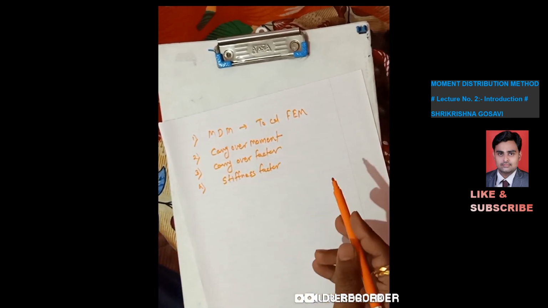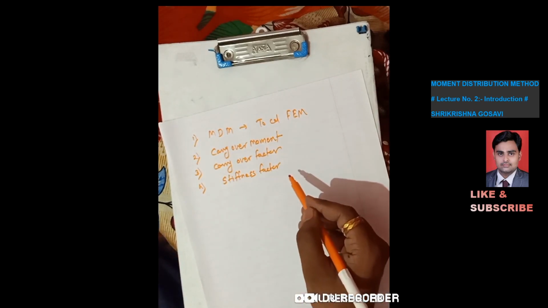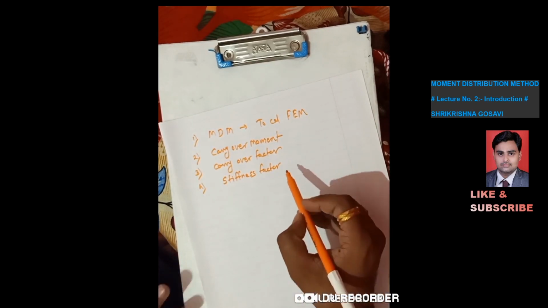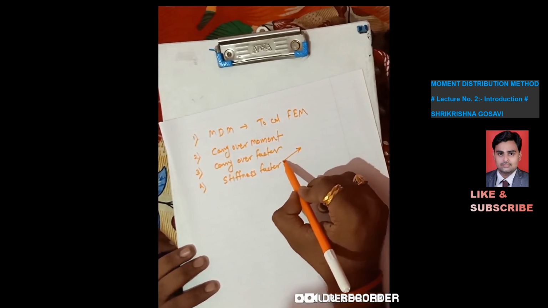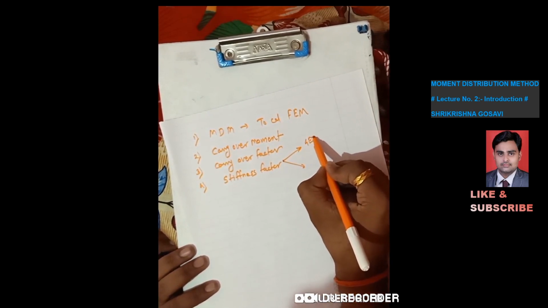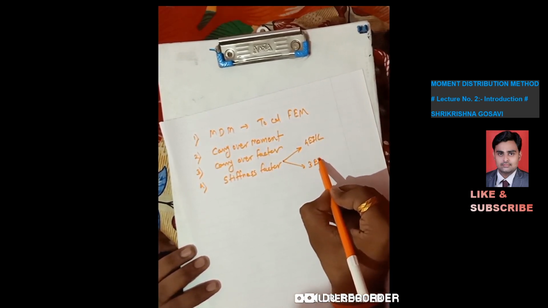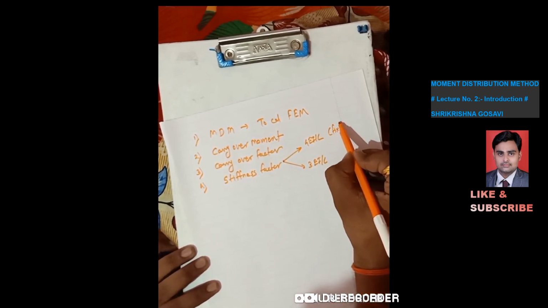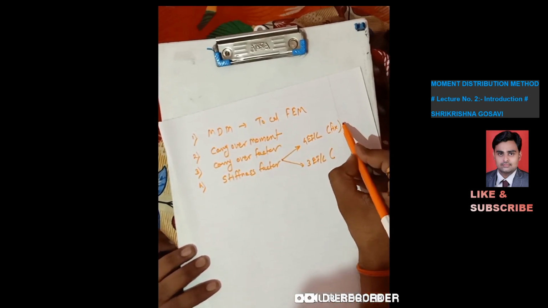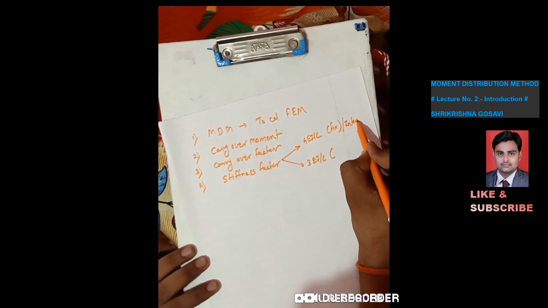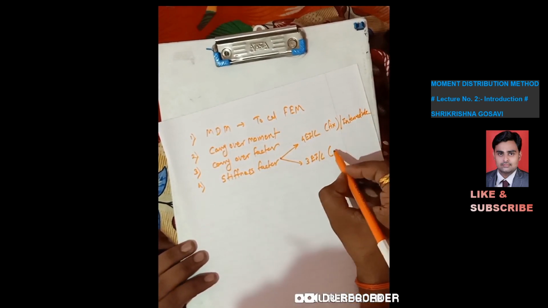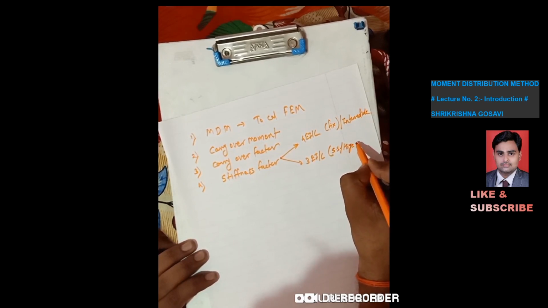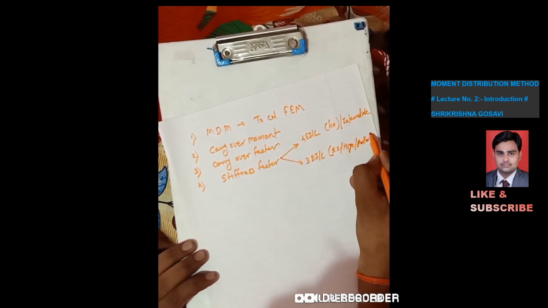We know that if the far end is fixed, then the stiffness factor is 4EI/L, and if it is hinged or simply supported, then it is 3EI/L. Remember this: an intermediate support we treat as a fixed support, and all remaining supports, simple support or hinge, we take 3EI/L.